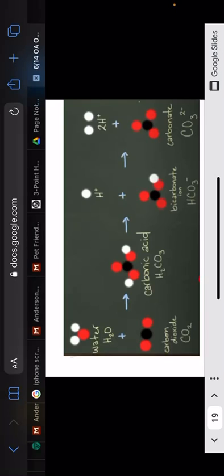And right now, that's what's happening in our oceans in the majority of the molecules of carbonic acid that are made. One hydrogen will be released and one hydrogen stays behind to form bicarbonate. But if it does go to completion, where both of the hydrogens are released, then there's a carbonate ion left behind.